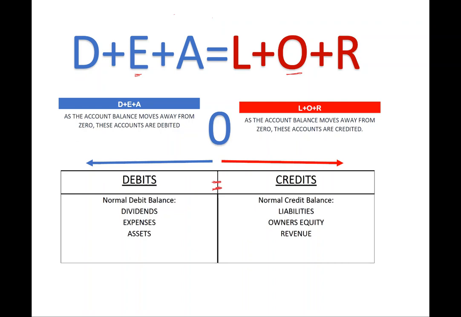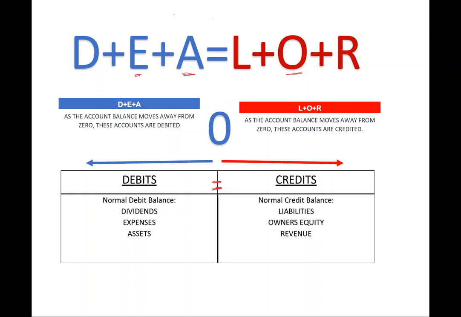So what I've done here by expanding this out is I've allowed us to group our accounts that normally have a debit balance on the left and our accounts that normally have a credit balance on the right. For example, if we take assets to start, the easiest asset and the most commonly used in a lot of the problems that we'll be working on is cash.